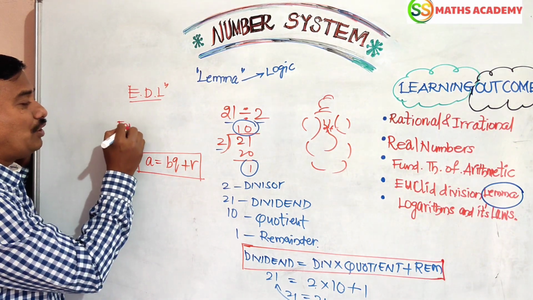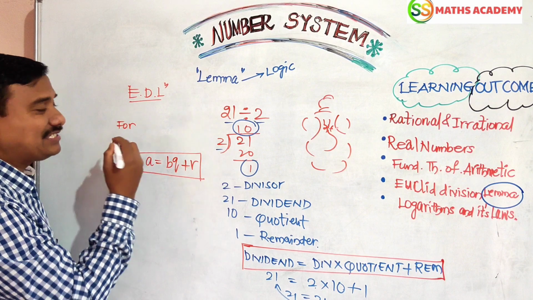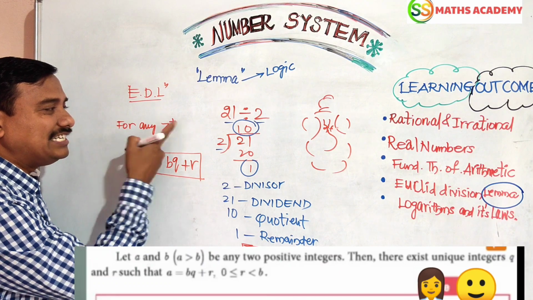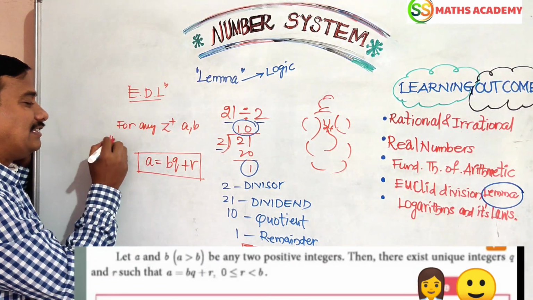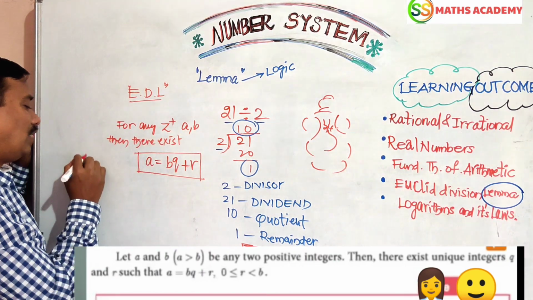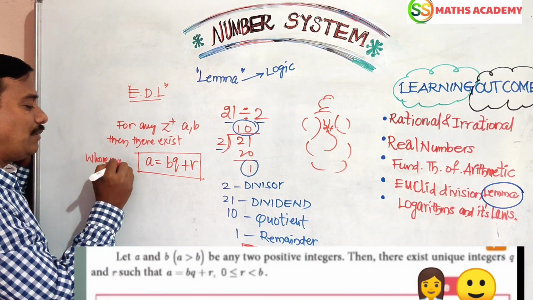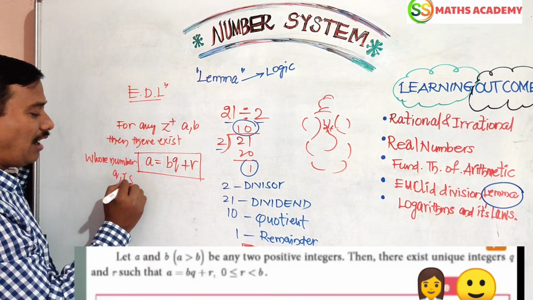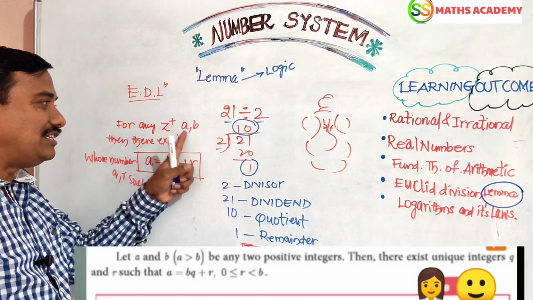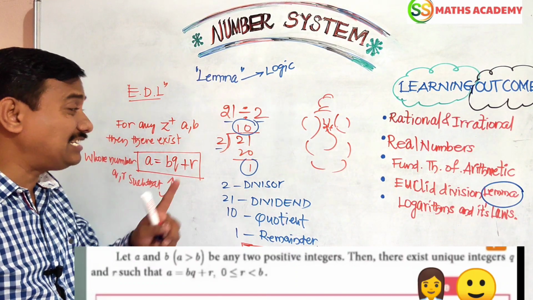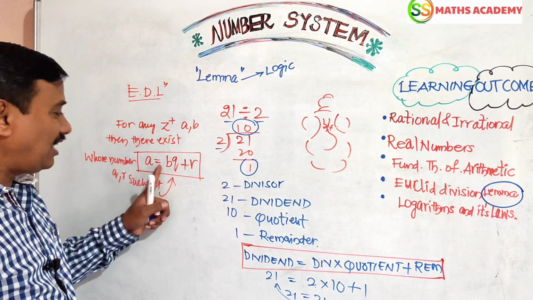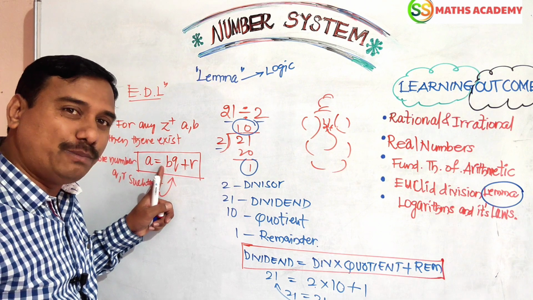Now I am going to explain the definition of Euclid division lemma, dear friends. For any two positive integers a, b, there exist whole numbers q, r such that a equals bq plus r.